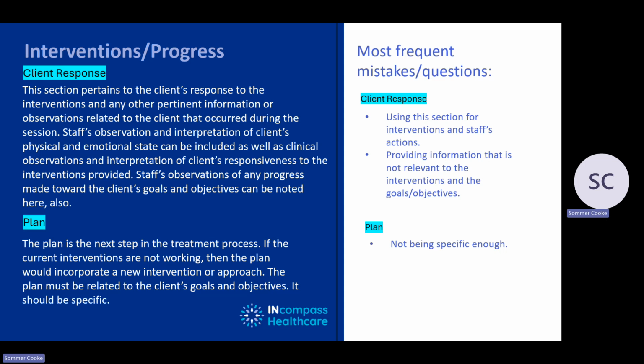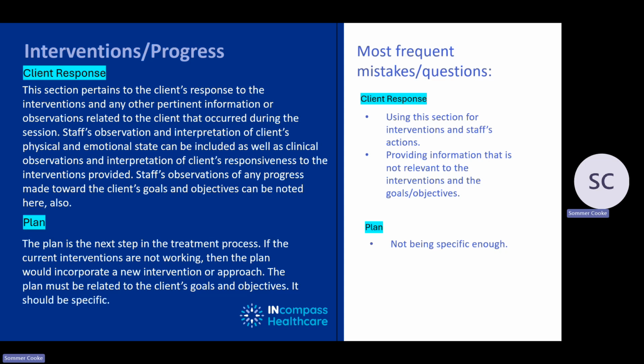The next section is the client response section. This section pertains to the client response to the interventions and any other pertinent information or observations related to the client that occurred during this session. The staff's observations and interpretation of the client's physical and emotional state can be included here as well.